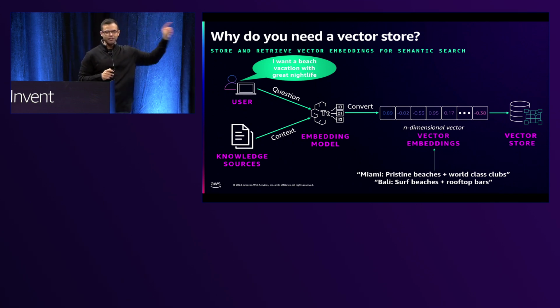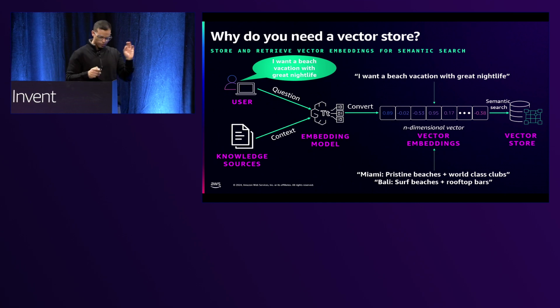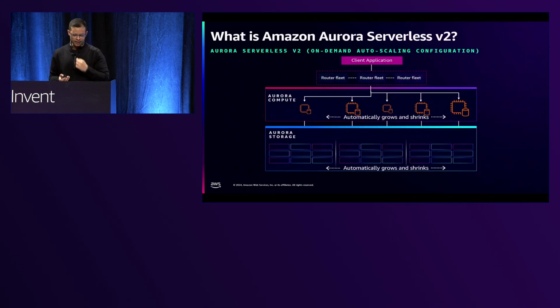So you have to have the same embedding model. The question gets transformed into those floating point numbers, and then we do the similarity search, or semantic search. This pulls the relevant chunks of information from the vector store to give a tailored response back to the user.